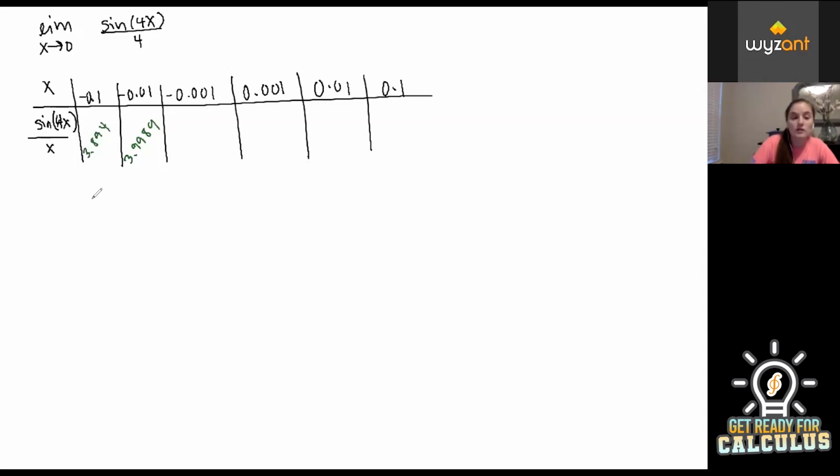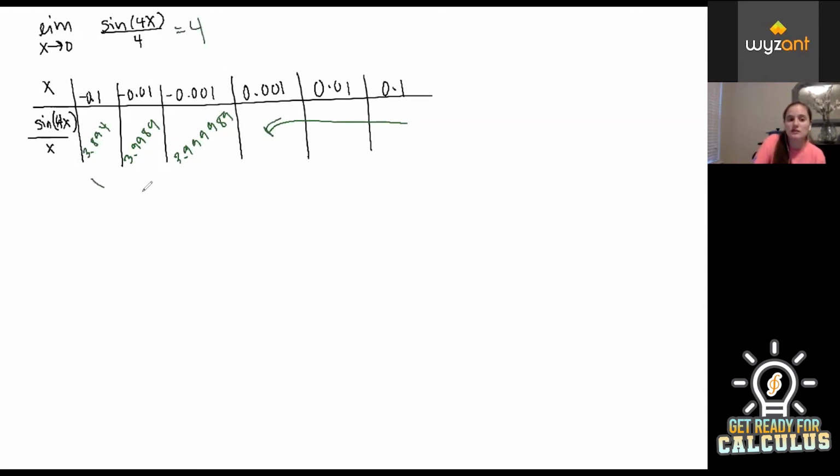And then with one more zero, I'm getting 3.999989. So it gets closer and closer, and we can kind of see that it's approaching 4 from this way. And what's actually going to happen on this side is it's also going to get closer and closer to 4 this way. So that tells me that this limit goes to 4.